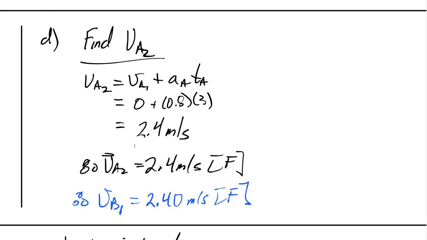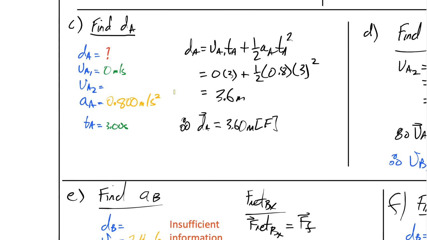All right, that's better. Part D, we're looking for the final velocity in section A. And let's go back to our list here. So now, since we are looking for our VA2, we technically have the remaining 4 things. Now, this displacement in section A, I'm going to give it a check mark, but I've made it even dirtier than the acceleration.